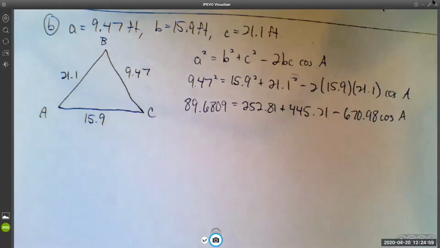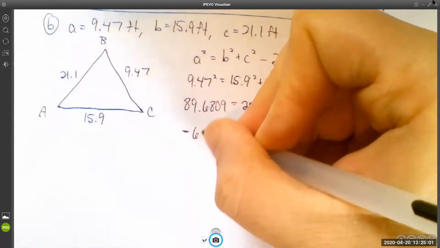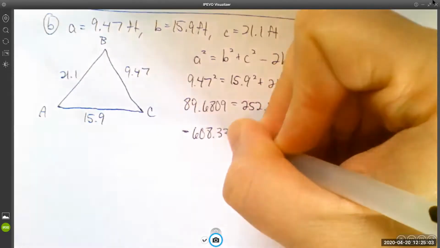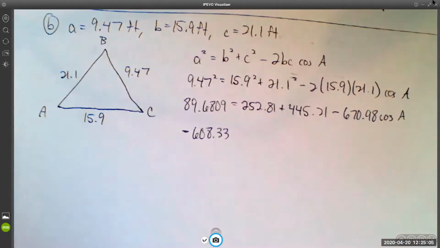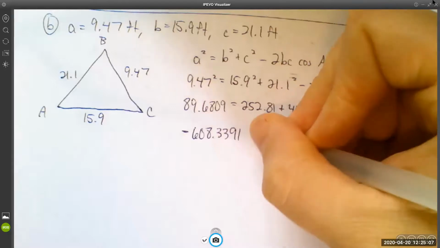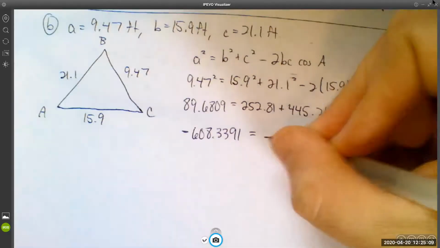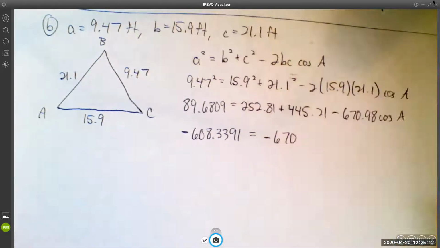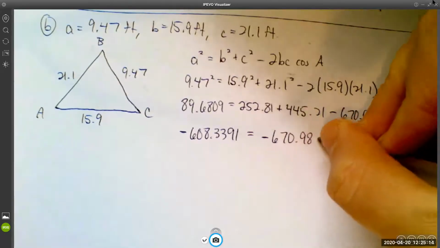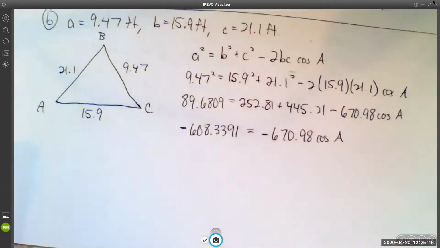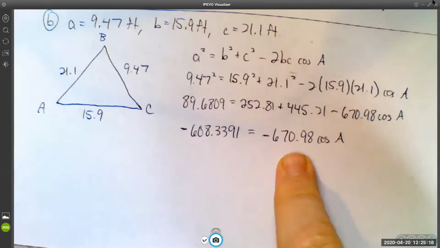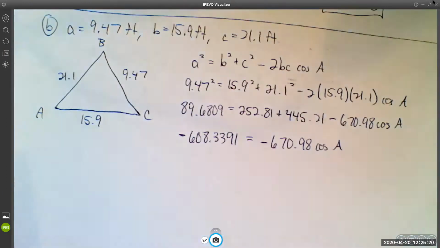That comes out to negative 608.3391 equals negative 670.98 cosine A. And I'll divide by negative 670.98.